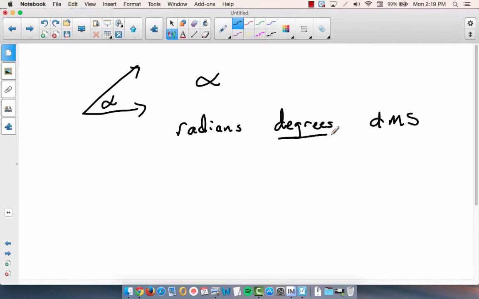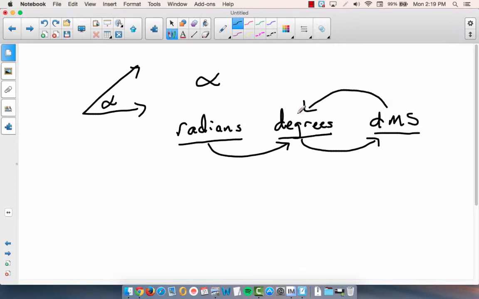These two, you could argue, are the same units, but let's say 3, and let's talk about how you would convert from any one of these 3 to the other. I would argue that you always go from radians into degrees, and then from degrees into degrees, minutes, seconds. You go from degrees, minutes, seconds into degrees, and then into radians.